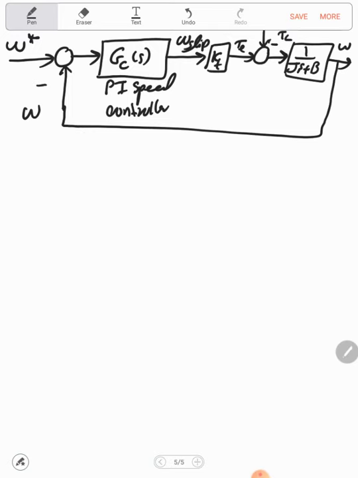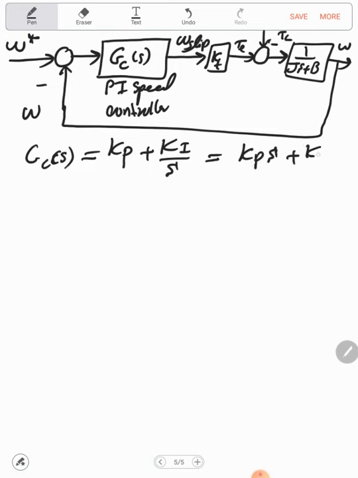Now, Gc of s equals Kp plus Ki over s, where Kp is the proportional gain and Ki is the integral gain. Now this can be written as (Kp s plus Ki) all over s.